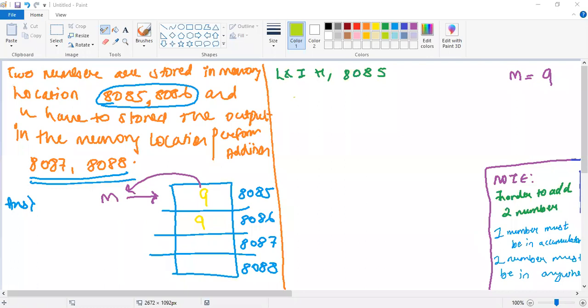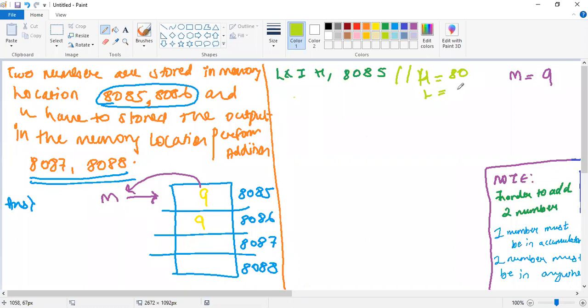See, what does LXI H 8085 mean? Means what? See, in HL, H and L, in your H the content will be 80.